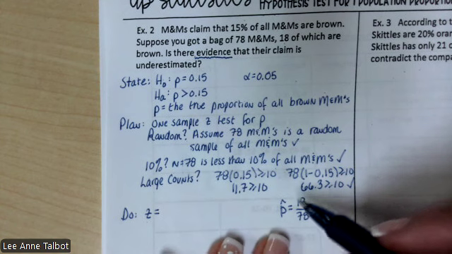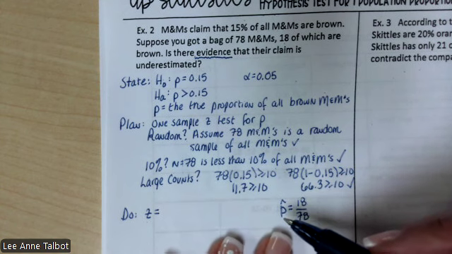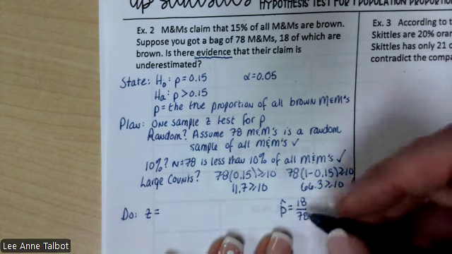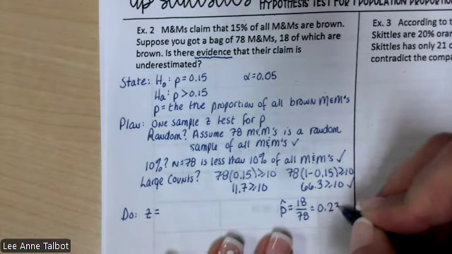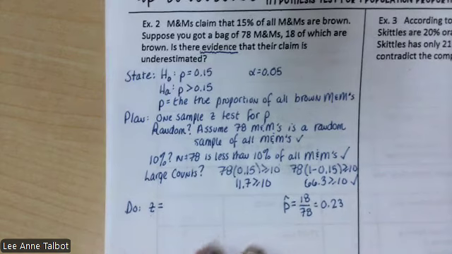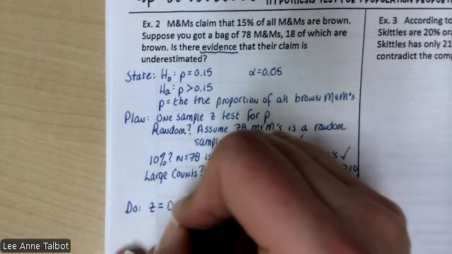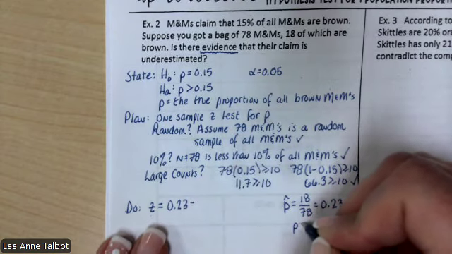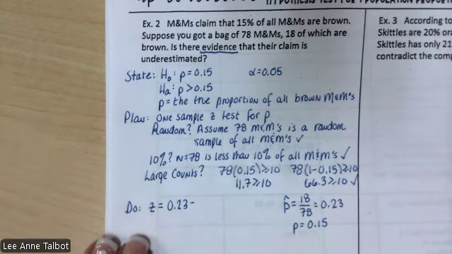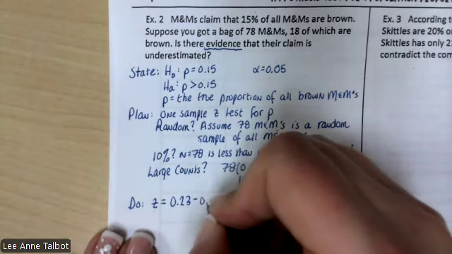Everybody sees the word statistic. Hopefully they say statistic starts with S. That's sample. So statistic minus parameter. Parameter is p, which you get from the null hypothesis.